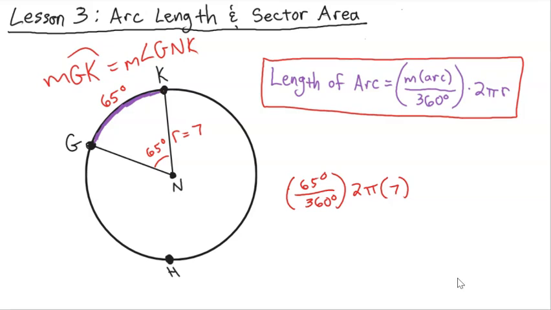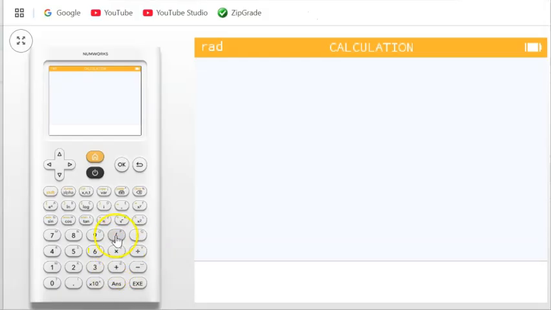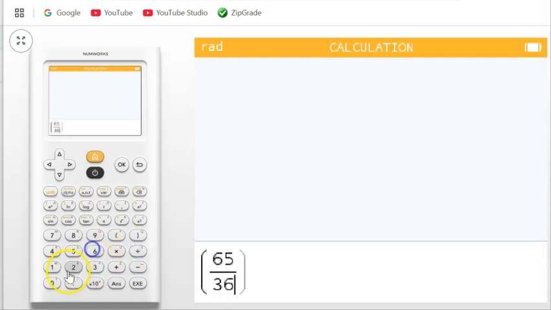So we're going to need a calculator for this. All right, so here's our calculator. We're going to do 65 divided by 360, and we'll close the parenthesis there, times 2 times pi times the radius of 7, okay?